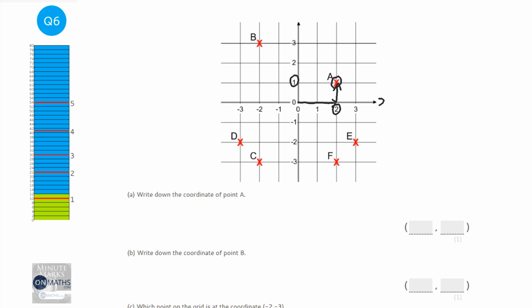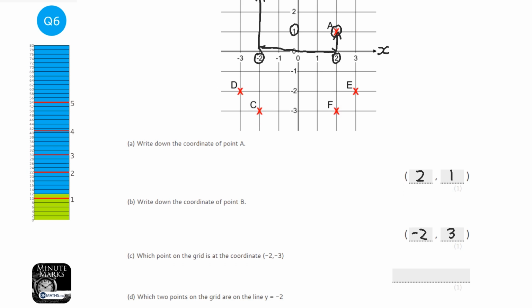So you always read off the x-axis and then the y-axis. So the coordinate is 2 because we go 2 to the right from the middle, and 1 because we go 1 up. Now coordinate B is the same, so we're going along the corridor to -2, and then up 3. So we'll go to the left 2, and up 3.